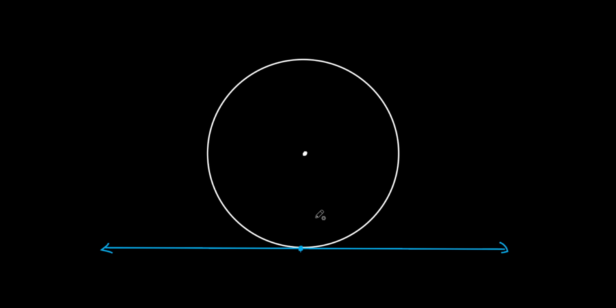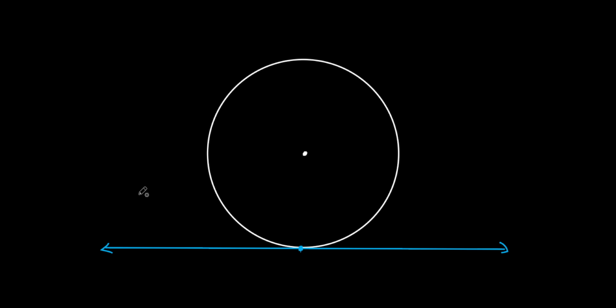If you have a tangent to a circle, then it is perpendicular to the radius drawn to the point of tangency. Do you hear what I just said? I'll read it again. The tangent line is perpendicular to a radius drawn to the point of tangency.